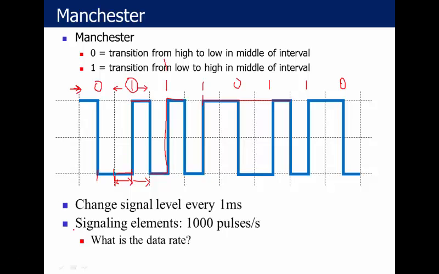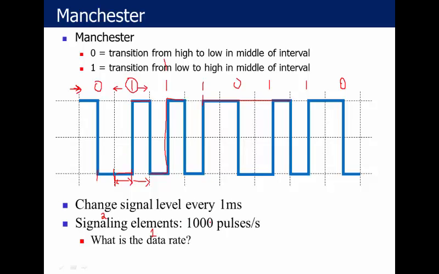So change signal level every 1 millisecond. Signaling elements is 1000 pulses per second. What is the data rate if we use Manchester? Two of these signal elements can hold one data, right?